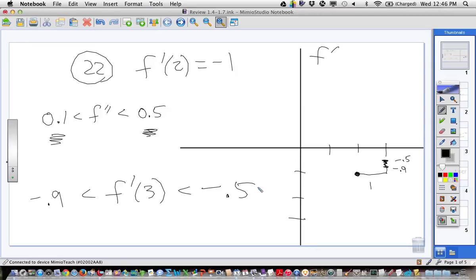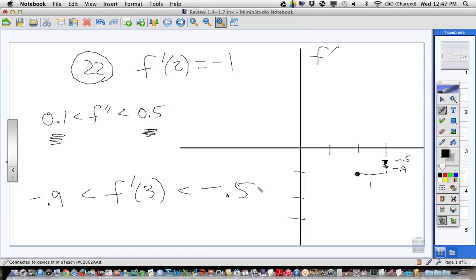In other words, they're saying if we let you go up this much and you start here, where will you end up? You're going to end up somewhere between negative 0.9 and negative 0.5. That's a speed limit law problem. It's very similar to ones we had done earlier. So a picture, maybe a few words of explanation would be good for a problem like that.